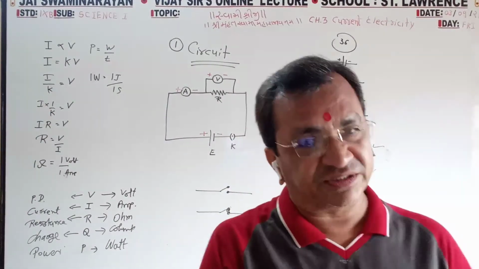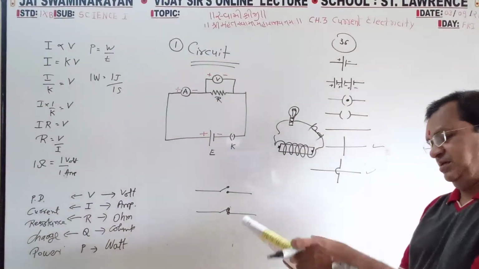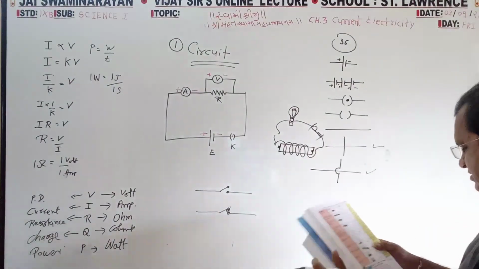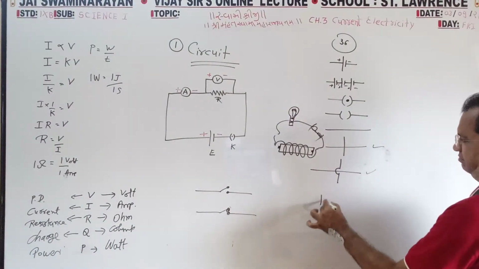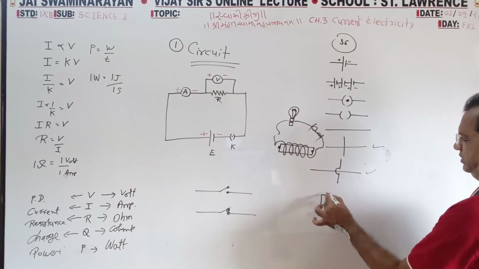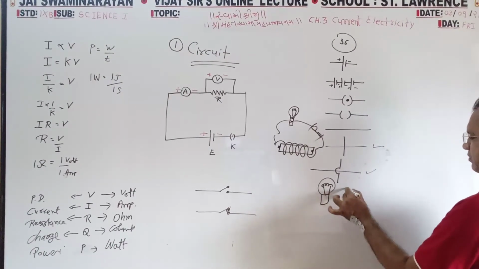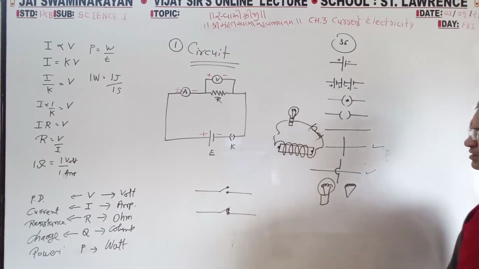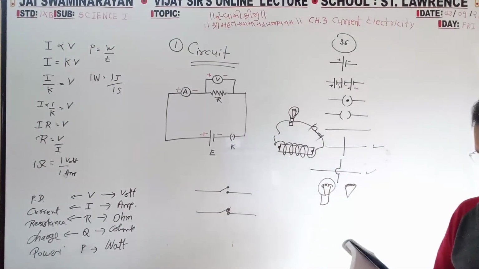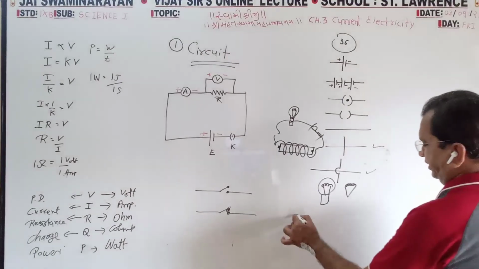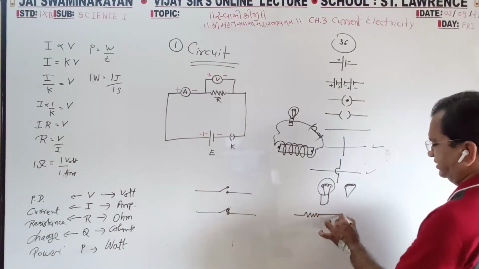Symbols, 100% they will ask. In the SSC board also they ask. And the bulb we will show like this, or even like this you can show the bulb. Resistance, zigzag line is a resistance.